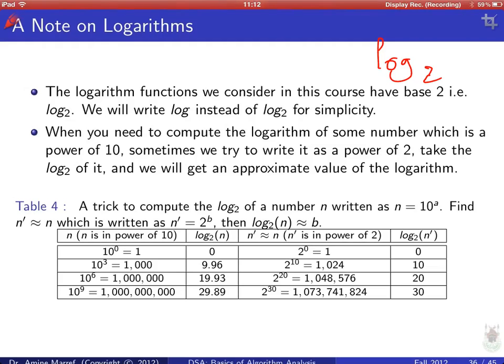Now why is it useful to change to 2 to the 30? Because log 2 of 2 to the 30 is just 30.